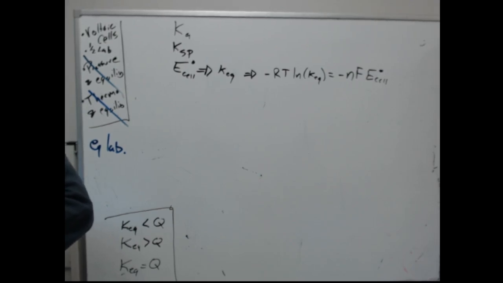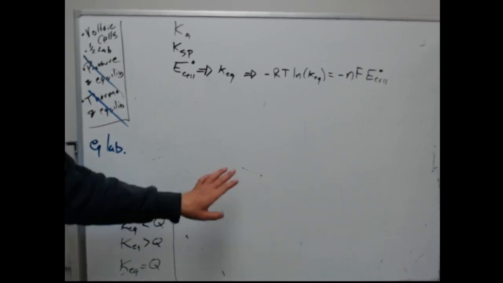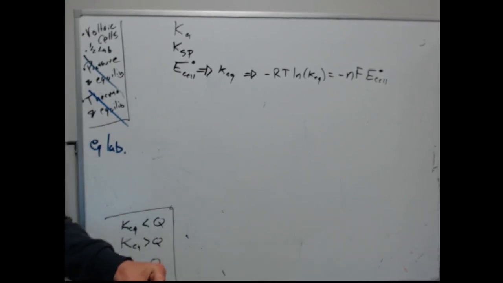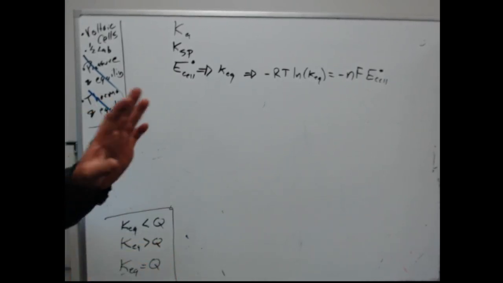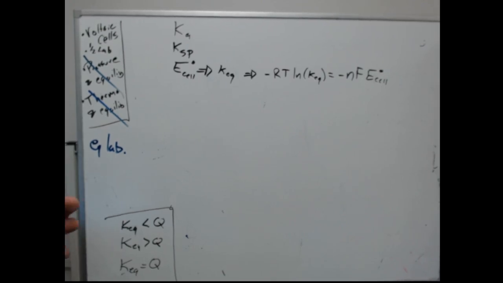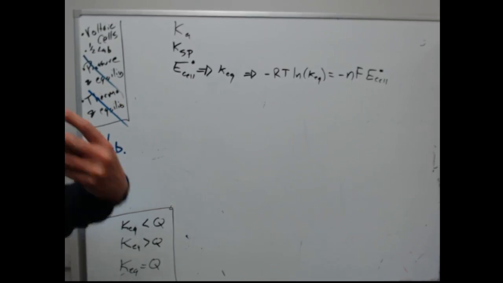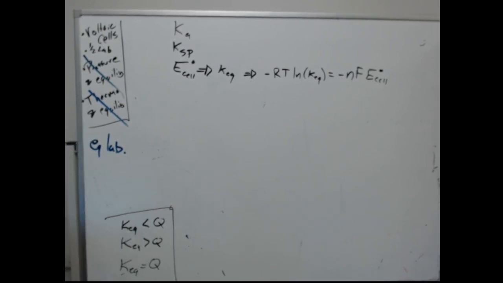But the things we're doing with voltaic cells are shockingly different from what we've done with our other chemical reactions. Let's do the silver-copper reaction, because we did that one in lab in 124.